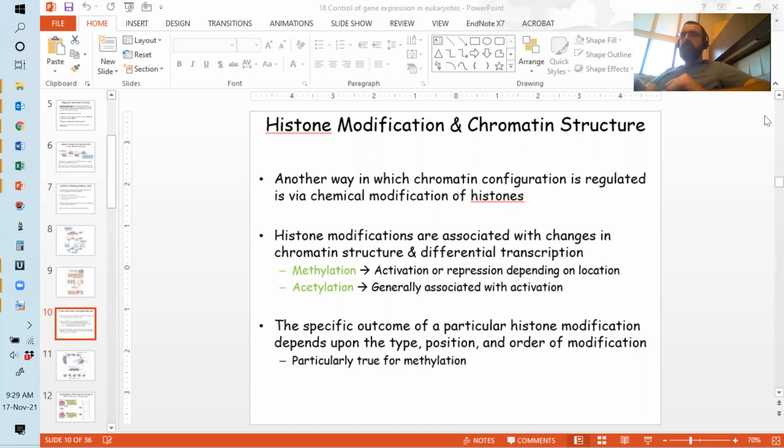Now, you can stop that from happening by methylation. I'm not entirely sure where these methyl groups get added. I should look this up.